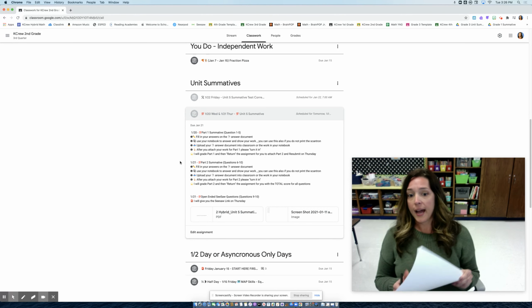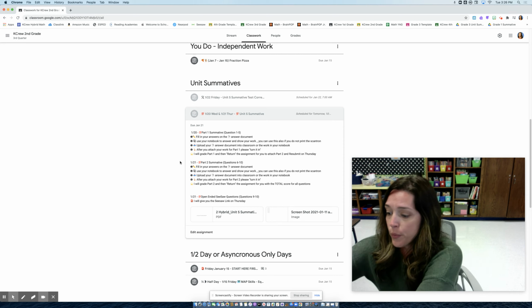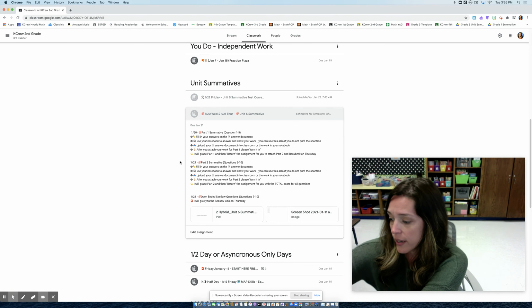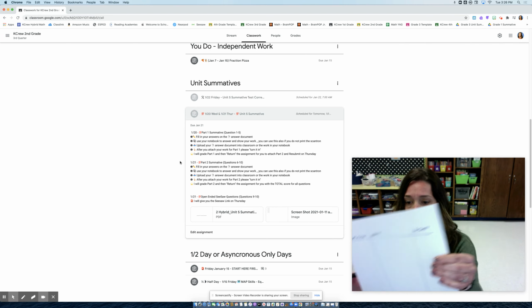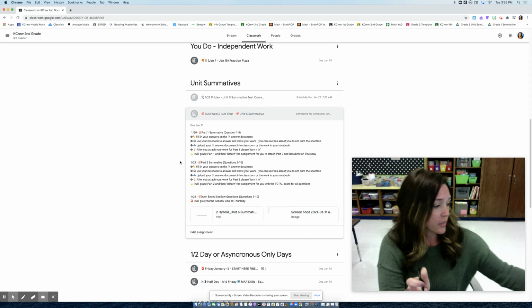And so I will have you do that in your notebook, and you will label it as a T-chart in your notebook with the question on the left-hand side. In the middle is where you will show your work, and over on the right-hand side is where you will show your answers. So it'll look similar to this in your notebook.